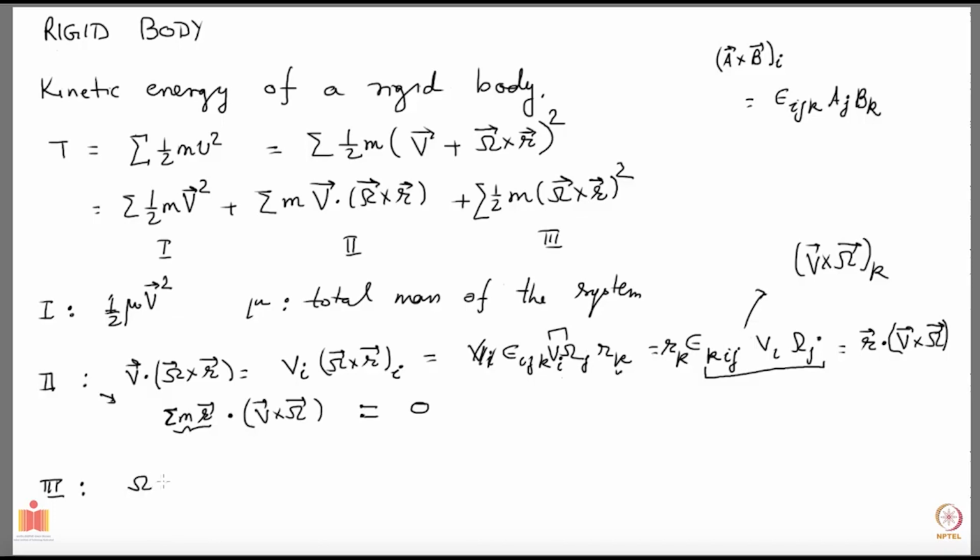Now let's look at the last term, which involves omega cross r squared. Let's go to the next page. So the third term involves omega cross r squared, which is the same as the ith component of omega cross r, and again the ith component of omega cross r, with a summation over i, and that is what the dot product is.